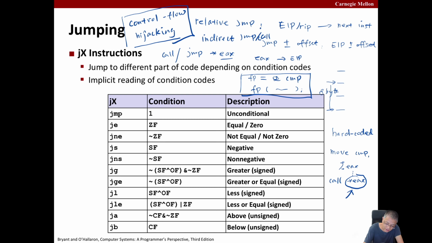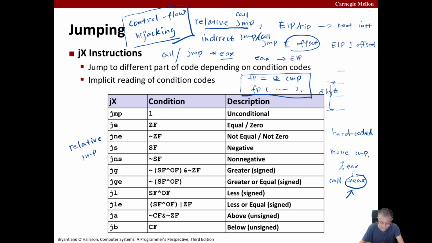Of course, there is also relative call. The relative call is a call instruction, but the offset is hard coded, just like the relative jump. If we look at those instructions, those are all relative jump instructions.